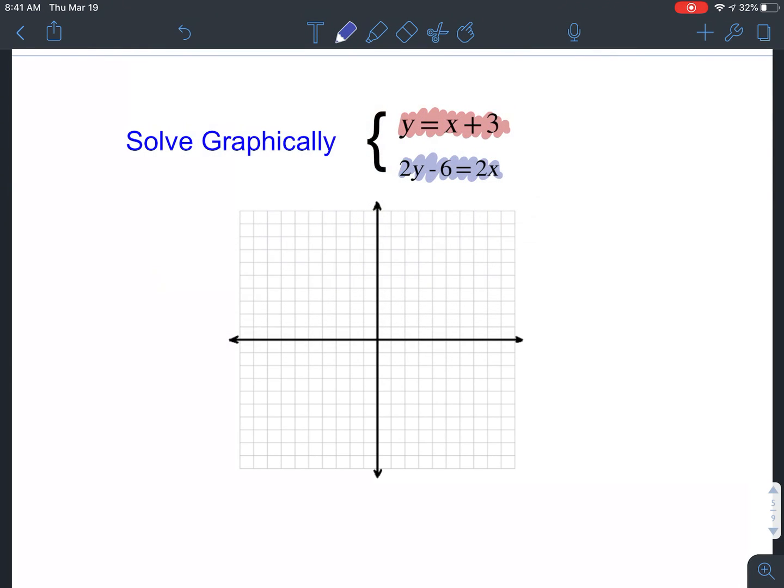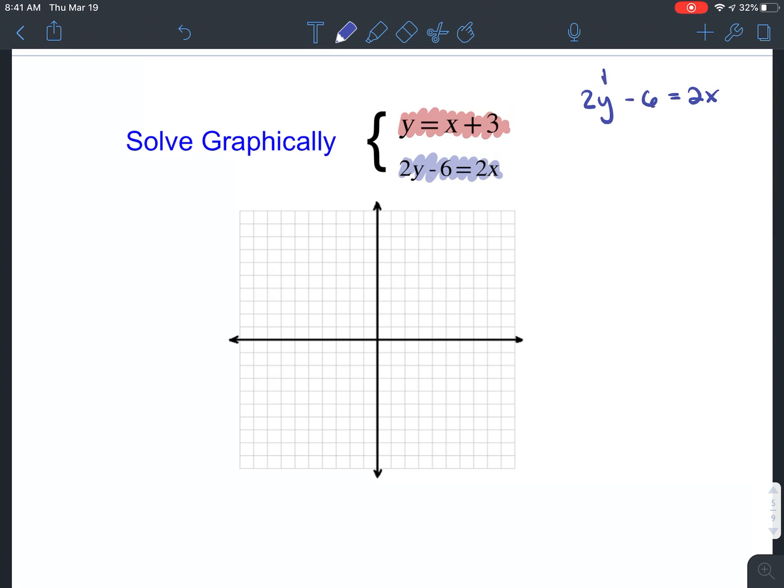So I'm going to stay color-coded so that we can see what goes with what, but please make sure that when you're graphing on your own paper, since you have only a pencil, that you label every line and that you make tables for these lines so that you can clearly show all your work. So we have 2y minus 6 is equal to 2x.